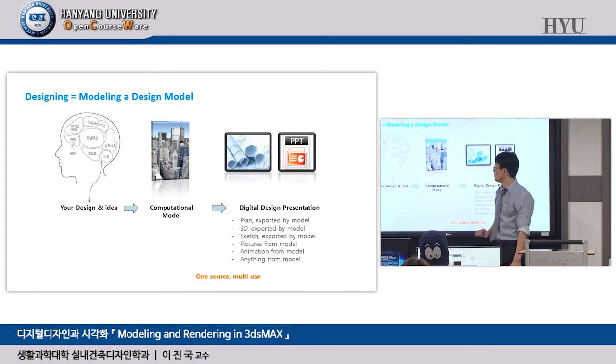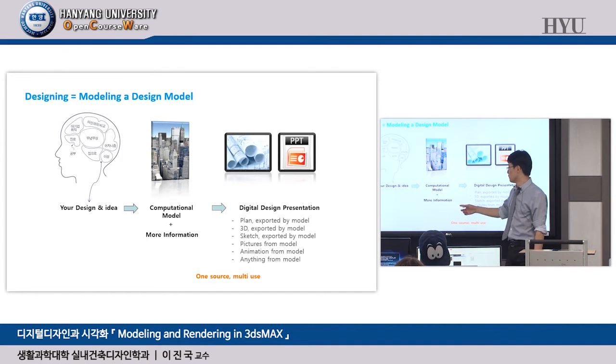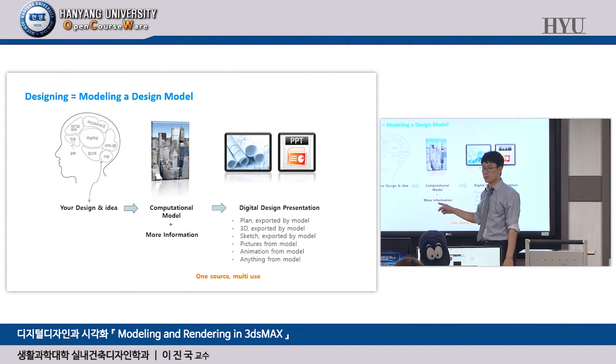Here is the very important reason why you need to use powerful and realistic computer software or some model generator, okay? If you have more information, the term more here means the amount of related information regarding this building, so-called building information.